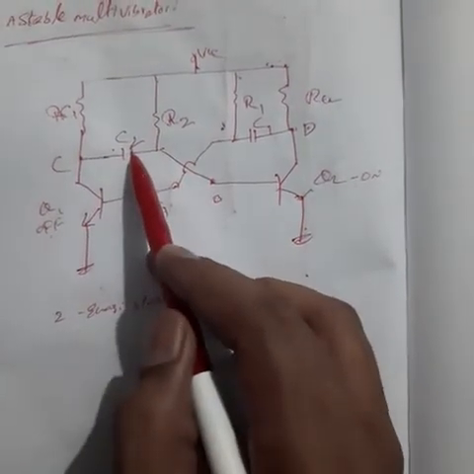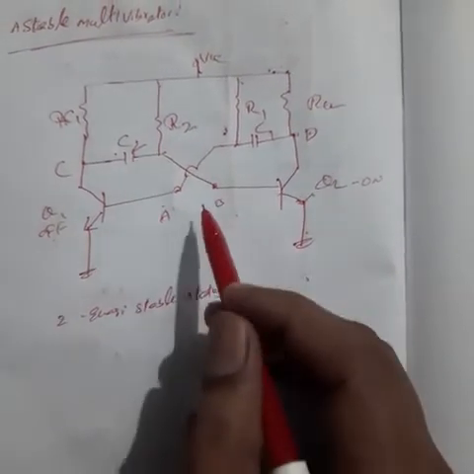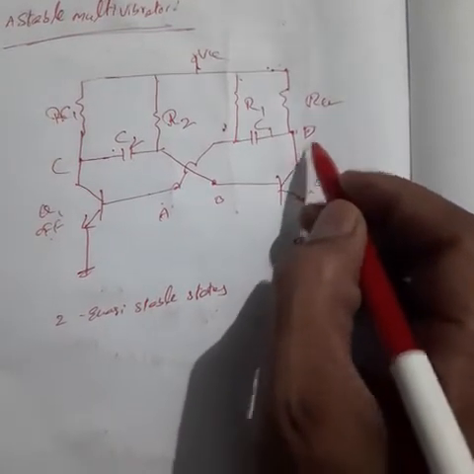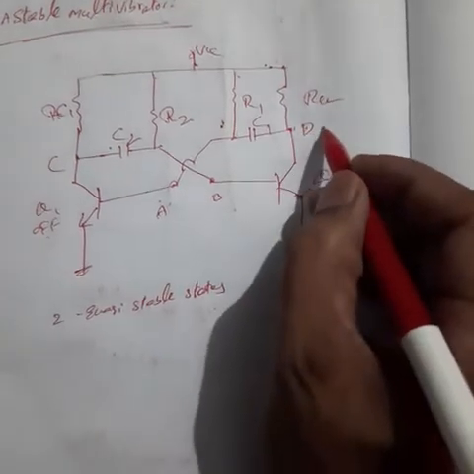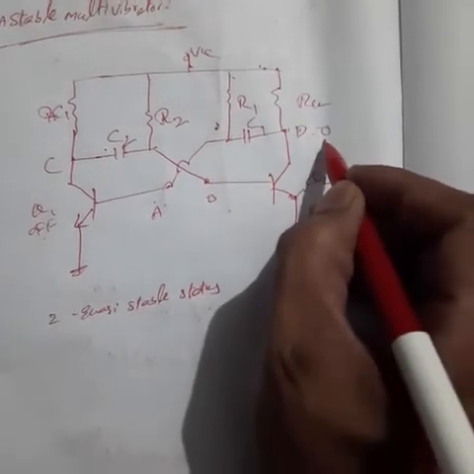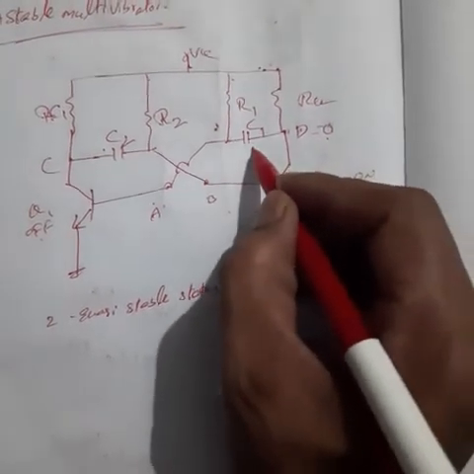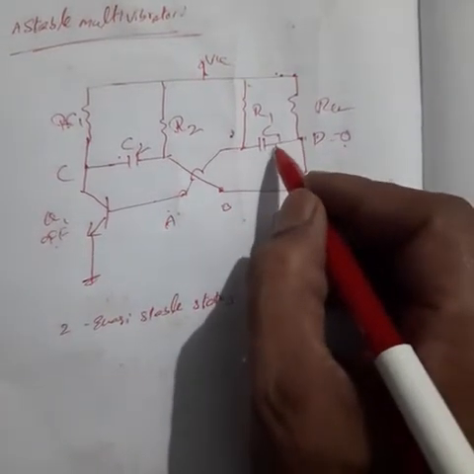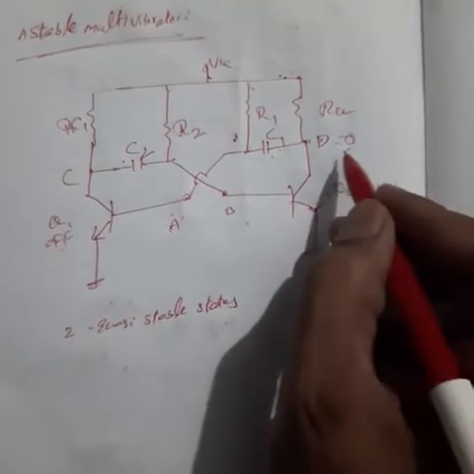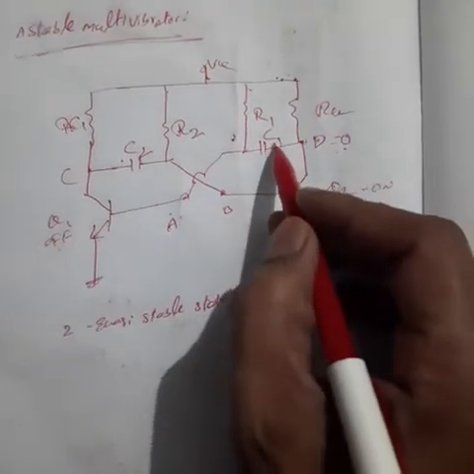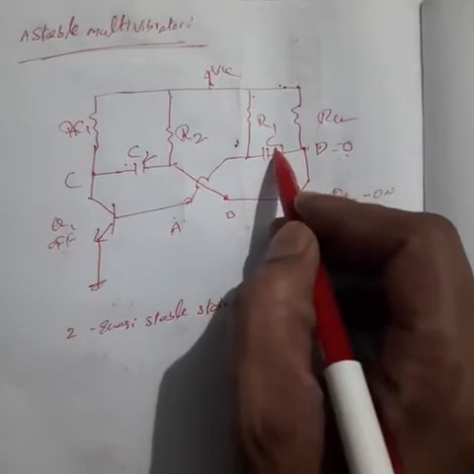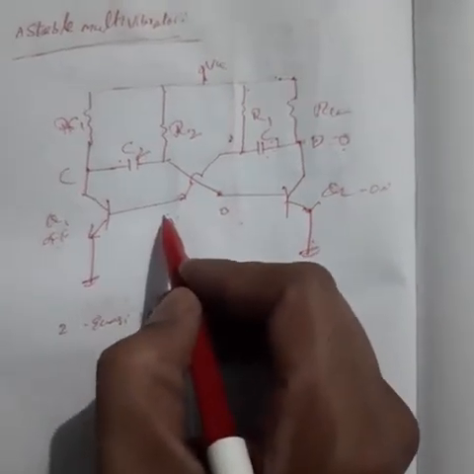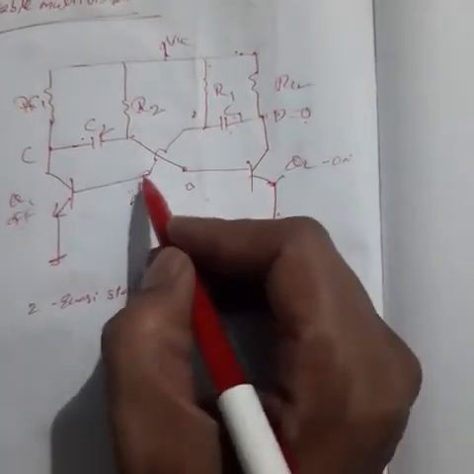At this point, the voltage Vd is the output of the on transistor, which is 0. If it is 0, then capacitor C1 becomes discharged. So capacitor C1 starts discharging, and this discharged voltage is applied to the input of transistor Q1.